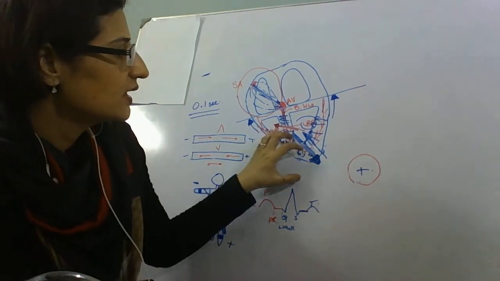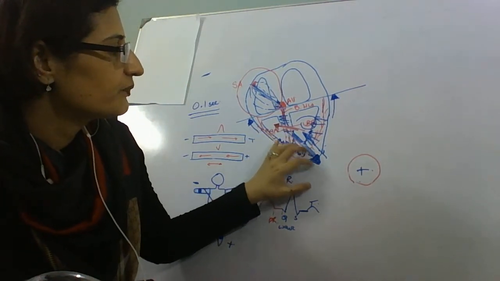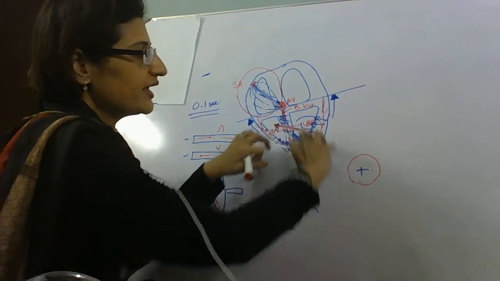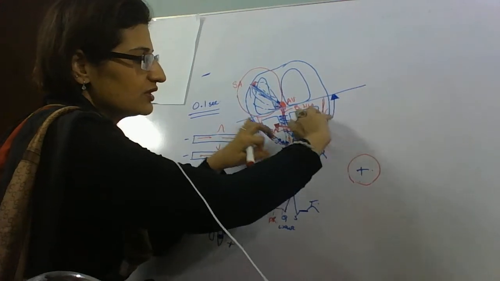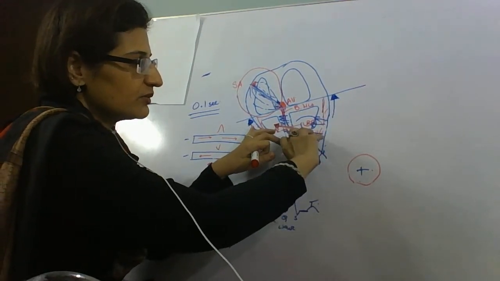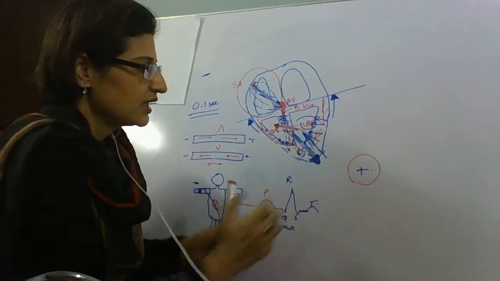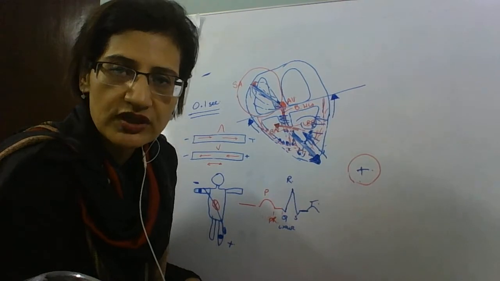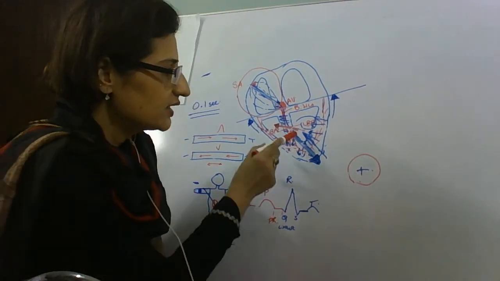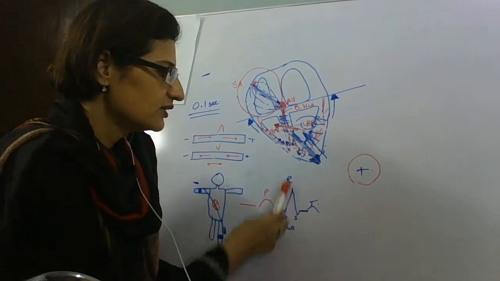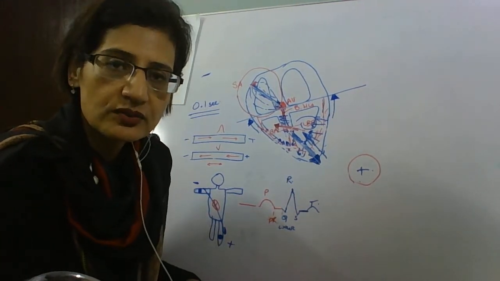Then collectively entering into the Purkinje fibers, initially they would go like this. The current or the stimulus would go in this direction, and since we know the thickness of the left ventricle is more as compared to the right ventricle, the net vector would be in this direction, which results in the formation of the R wave.